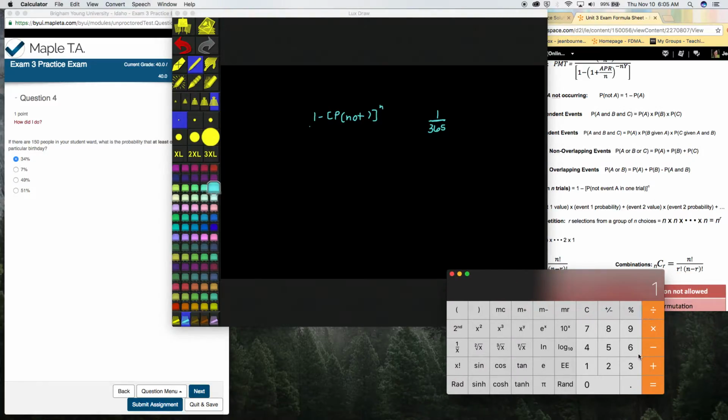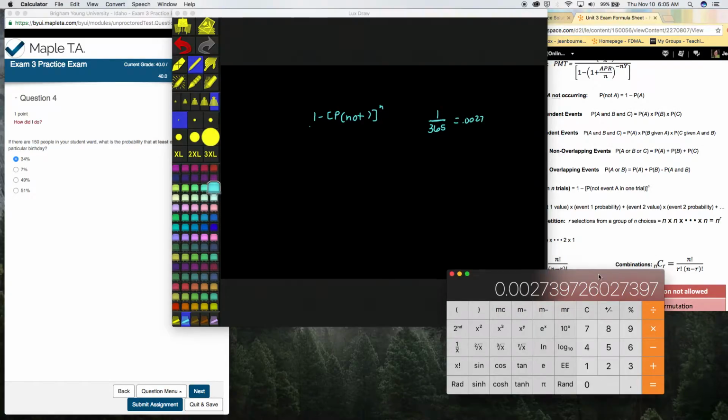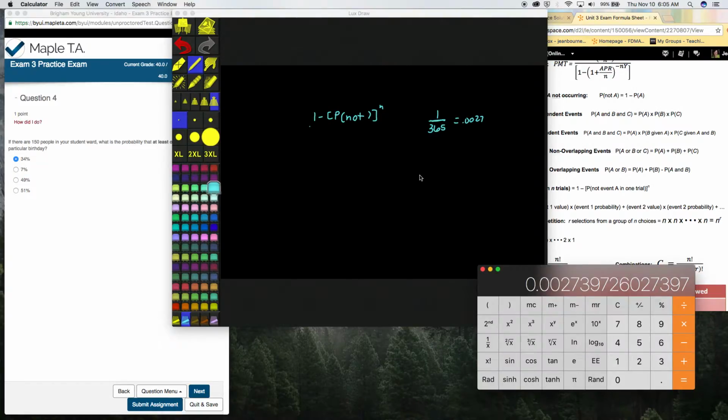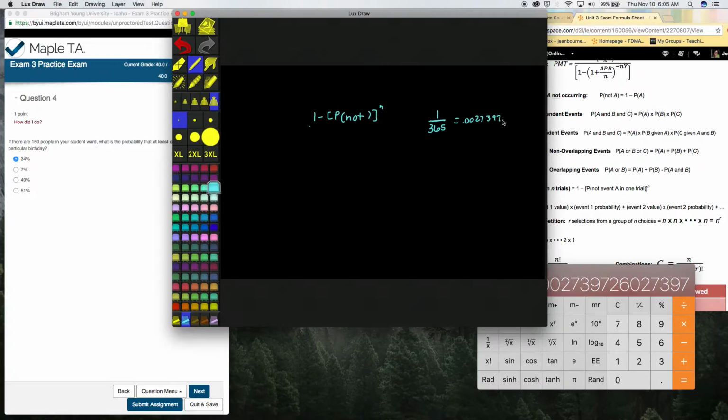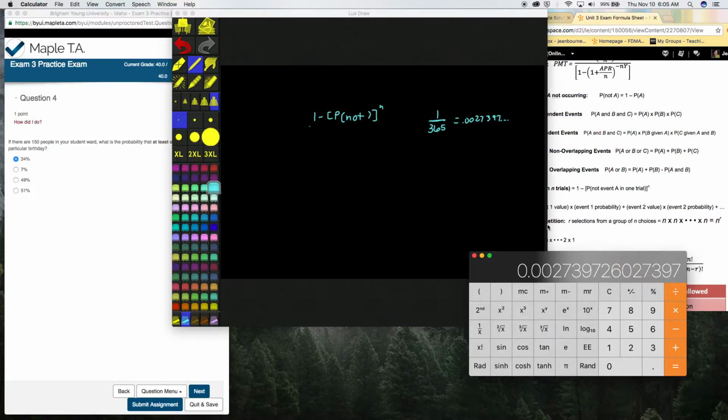So I'm going to change that into decimal form. Okay, so this is 0.0027. Is that what it was? Sorry, I just moved that. Okay, that's the probability that they are having my same birthday.